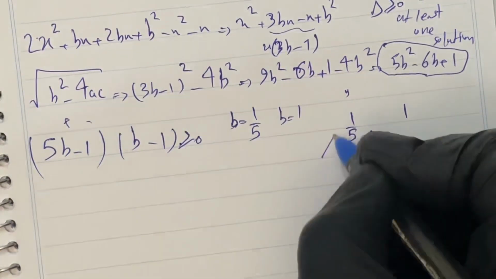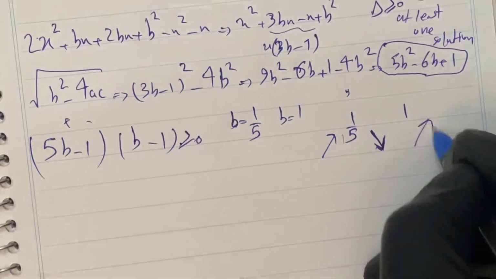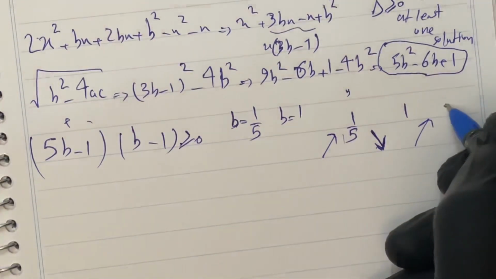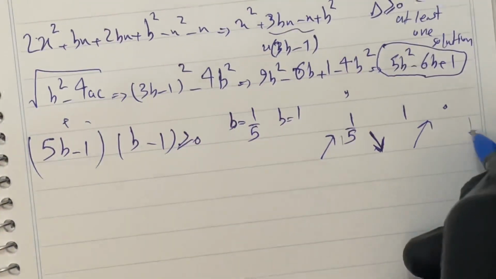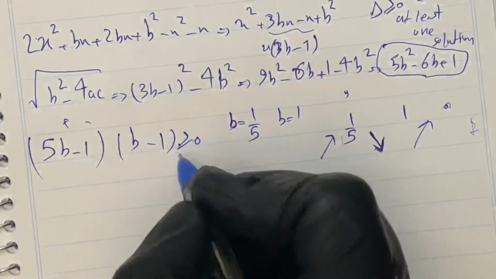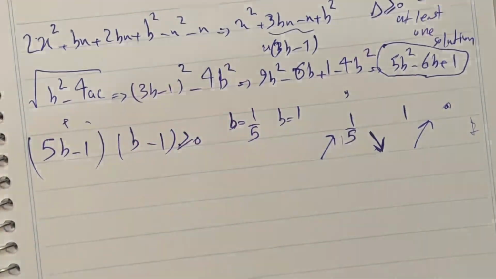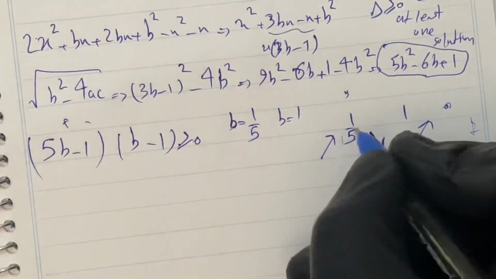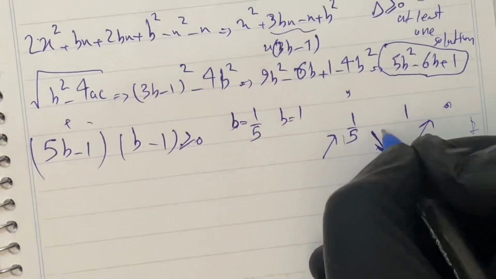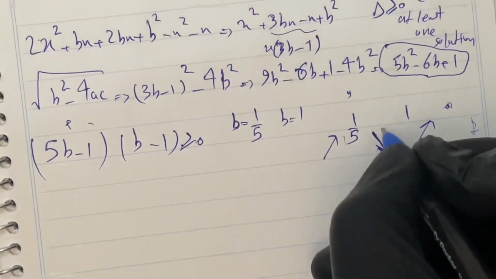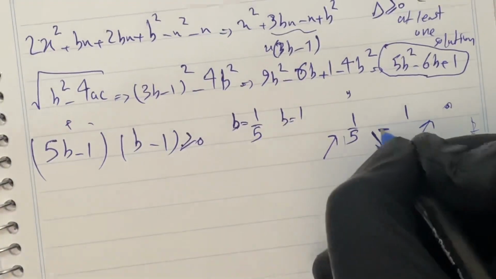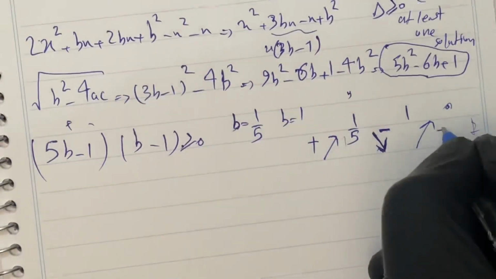So it's positive, negative, positive, and if it has another root, it's negative in there. But we don't have one. So, let me write it simpler: it's negative here, it's positive here, and here.